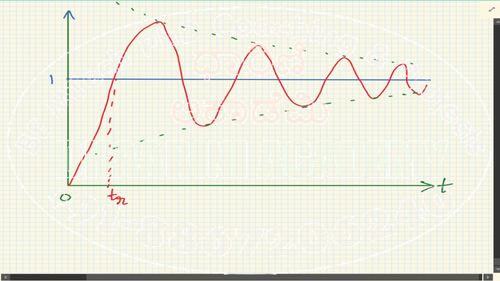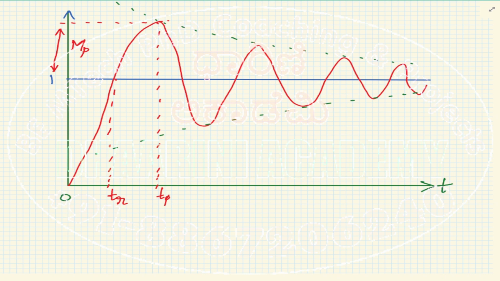The first time it reaches the peak is called TP, the peak time. From 1 it goes to a peak value. Above 1, however much it goes, that is called the maximum peak overshoot, MP.